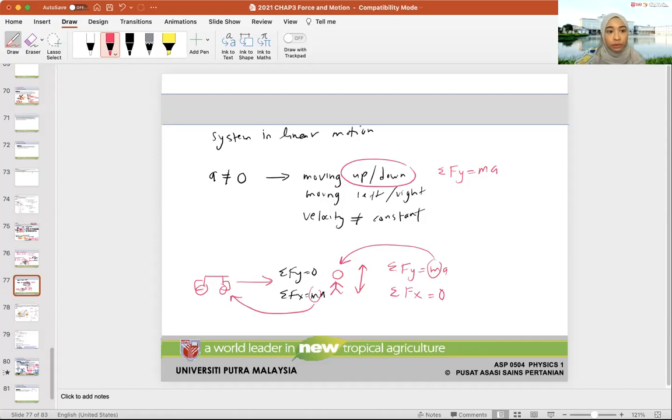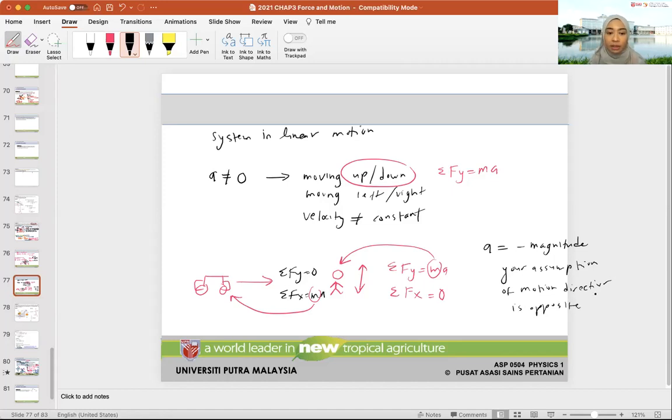I told you, if you get acceleration equal to a negative magnitude, it simply means that your assumption of the acceleration direction is incorrect. Your assumption of motion direction is opposite, terbalik.